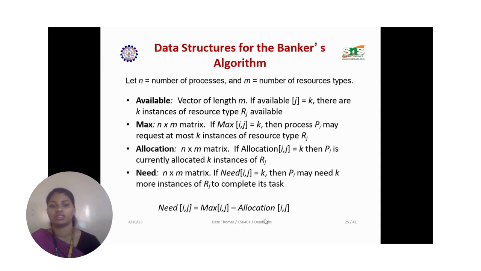If allocation[i,j] equals k, then Pi is currently allocated k instances of Rj. Need is also an n by m matrix. If need[i,j] equals k, then Pi may need k more instances of Rj to complete its task. Need[i,j] equals max[i,j] minus allocation[i,j].